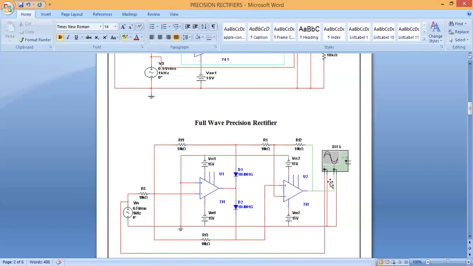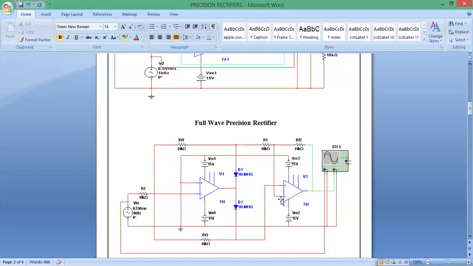The two negative terminals of the CRO are connected to the ground, and channel A is connected to the input signal to observe the input sinusoidal signal, and channel B is connected to the output of the full wave precision rectifier to see the output waveform.